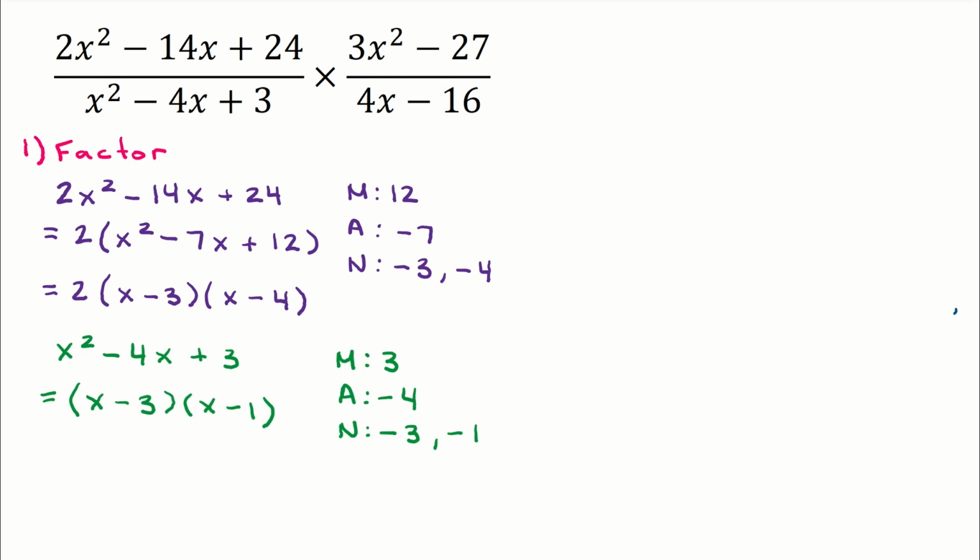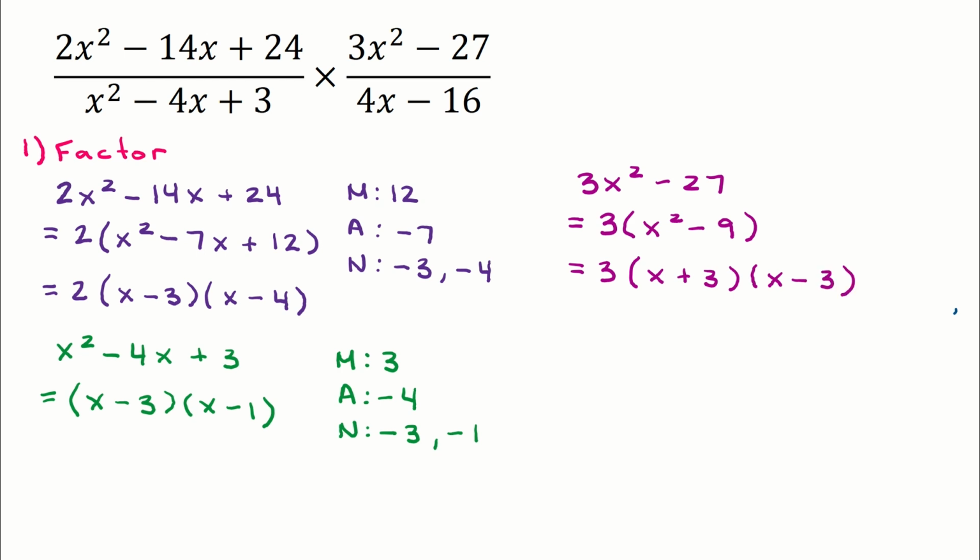On our second fraction, we have 3x squared minus 27 on the numerator. Now to factor this, I'm going to first consider that 3 and 27 are both divisible by 3, which leaves me with x squared minus 9. Now, x squared minus 9 is a difference of squares, so this can turn into 3 times x plus 3 times x minus 3.